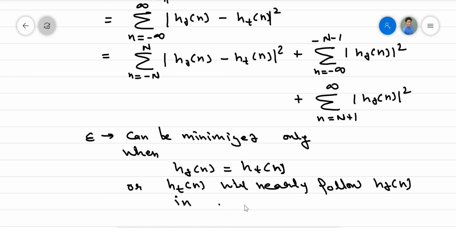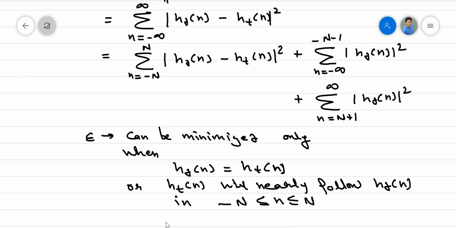In minus N to N. One can see if their sequences are exactly the same, then the error is the minimum error. As this deviation increases, the error also increases. One can say when h_t[n] and h_d[n] follow each other, the error will be minimized, then there will be less error.